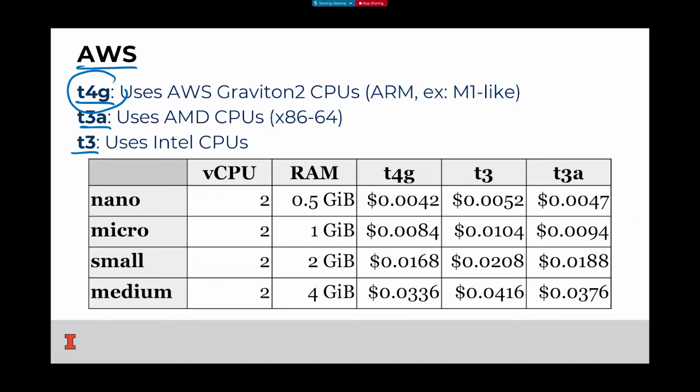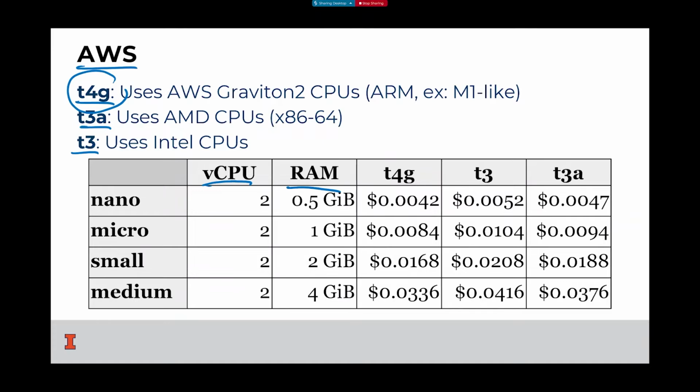Depending on the brand of processor you want, you decide what brand you want, and then you decide what size of machine you want. Amazon sells them as access to virtual CPUs and an amount of dedicated RAM.